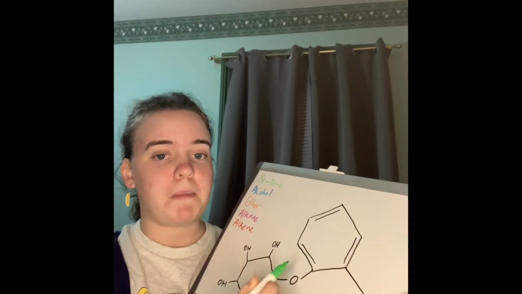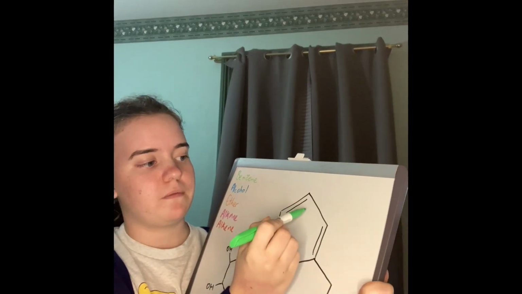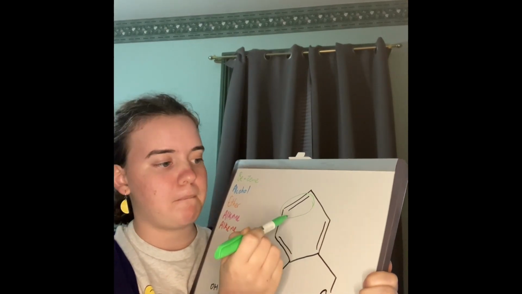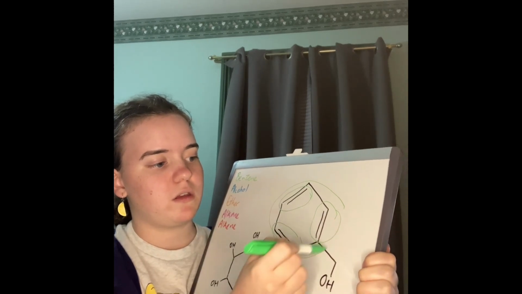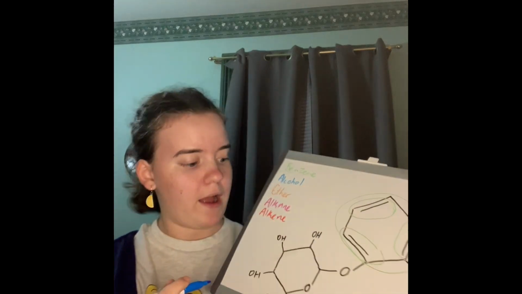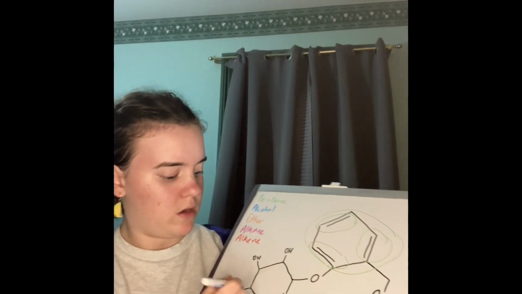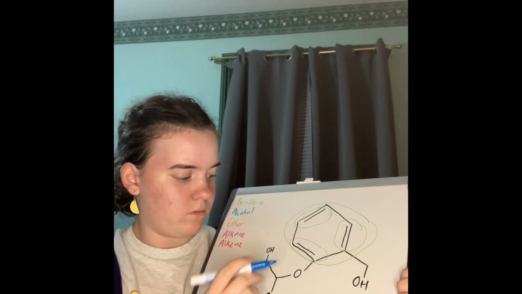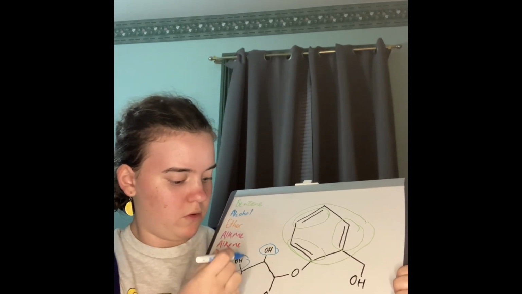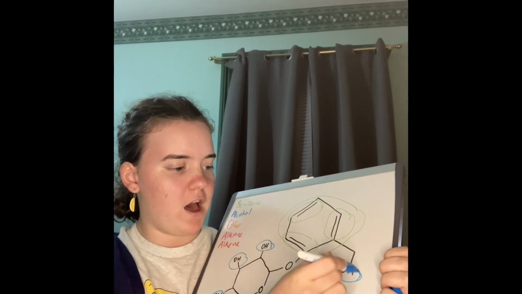Green is for benzene, which is actually kind of like the whole thing. That's it for benzene. Blue is for our alcohols. So we have 1, 2, 3, 4, 5 alcohols.